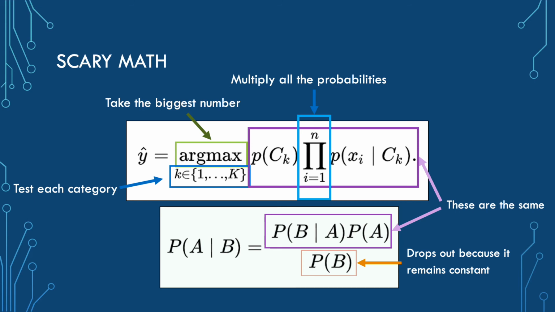And because we're comparing everything across categories and basing this off the same data set, this is the same for every single category. This is the same for every single possible label we assign. So when we're comparing these, we're just comparing the same terms, so these all drop out because it remains constant.